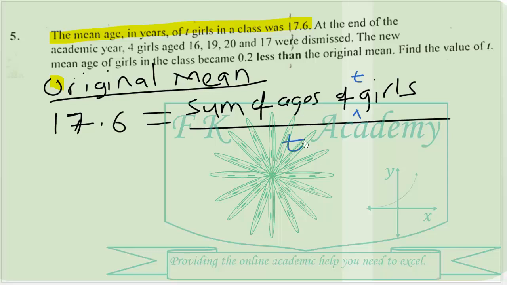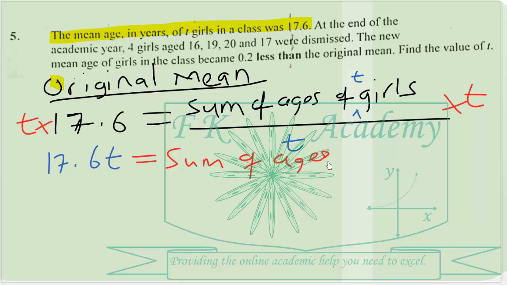So it means that the sum of ages of the T girls will be equal to 17.6 times T, when we multiply both sides by T. So this will be equal to the sum of ages of the T girls.